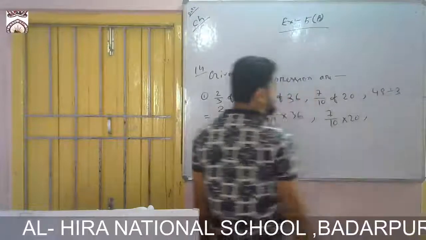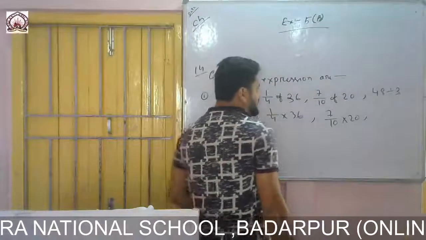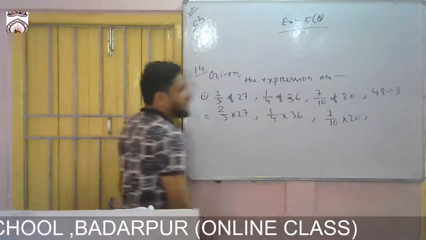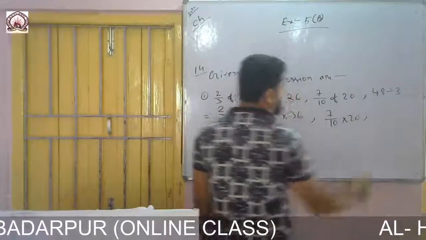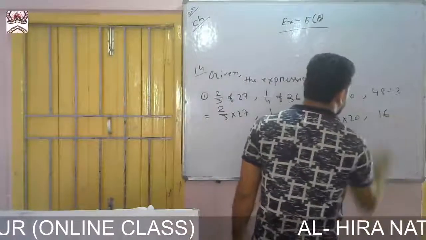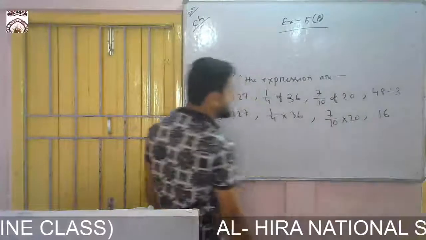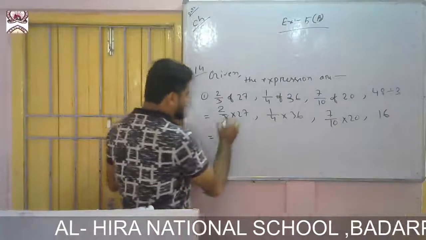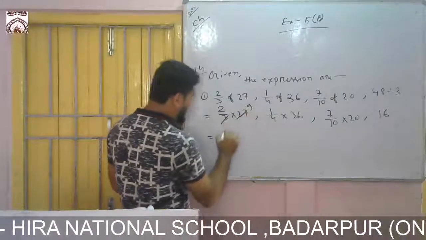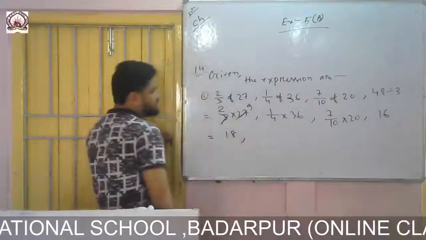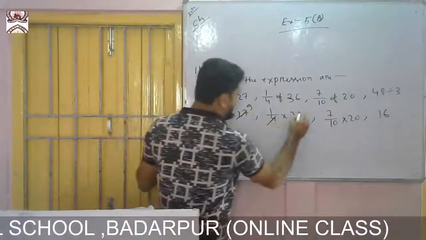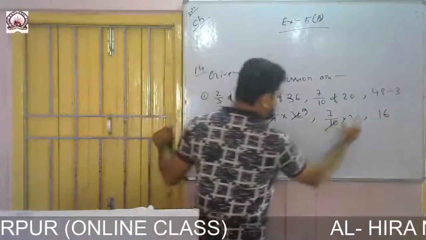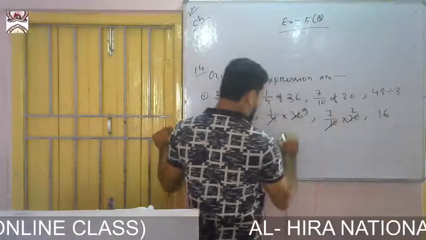If we solve, then what will we get? 48 by 3: 3 ones are 3, 3 sixes are 18, so 16. 3 nines are 27, 9 twos are 18. 4 nines are 36, 9 ones are 9. 7 twos are 14.